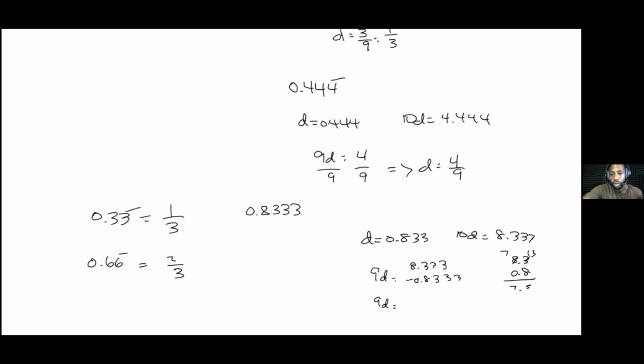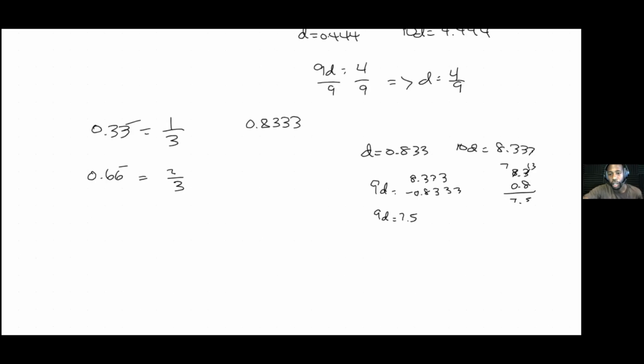7.5. Okay, so let's see. So that's 7 1/2. Hold up. Let's convert that to an improper fraction. So that's 15/2. So 9D is equal to 15/2. Divide both sides by 9. So that's times 1/9.